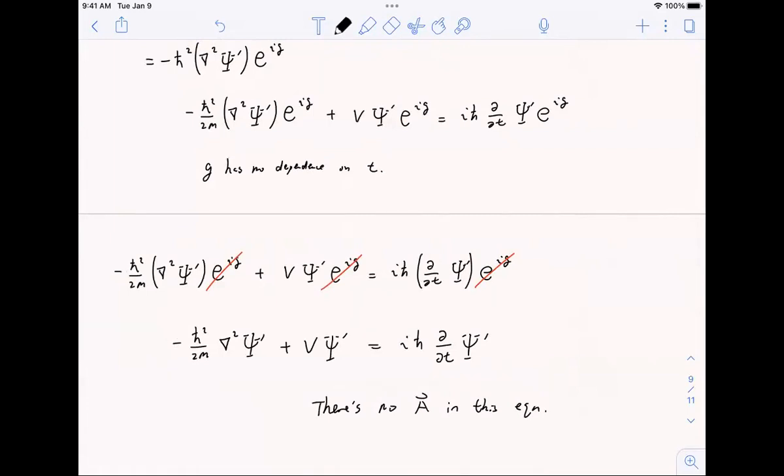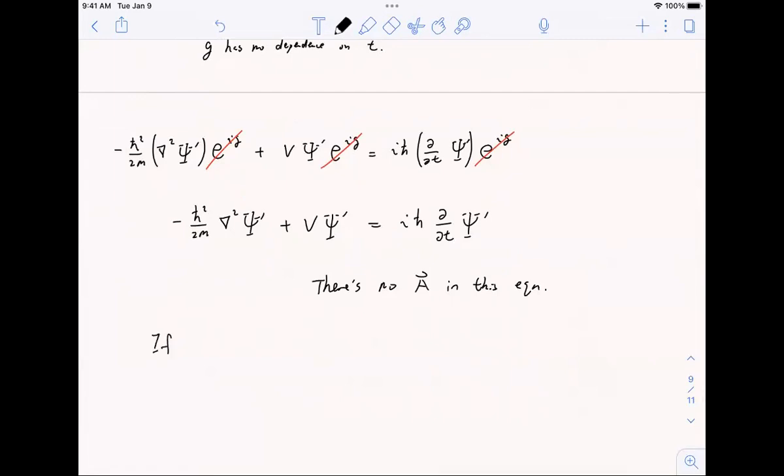Okay. So if the particle is in a region with B equal to 0, then solve the Schrodinger equation.